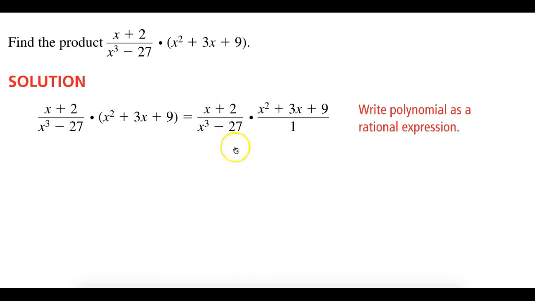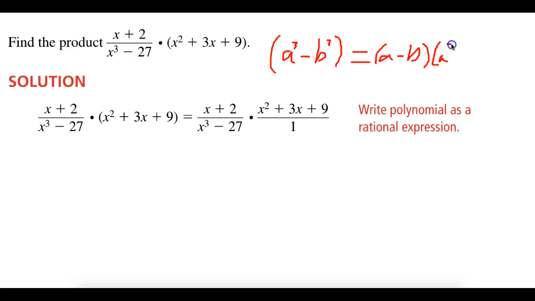Now, if we look at the bottom, x cubed minus 27, this should jump out at you as the difference of cubes. If you remember your difference of cubes, a cubed minus b cubed equals a minus b times a squared plus ab plus b squared. I believe we did this in chapter 4 or chapter 5, so you have to remember back a little bit.